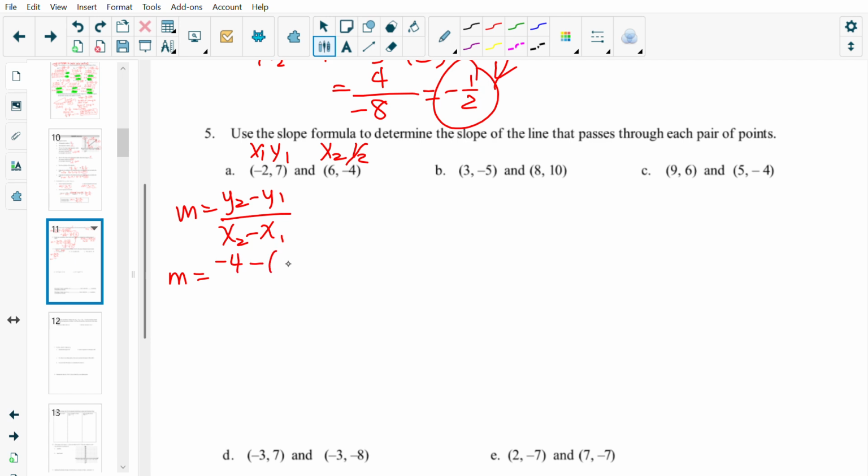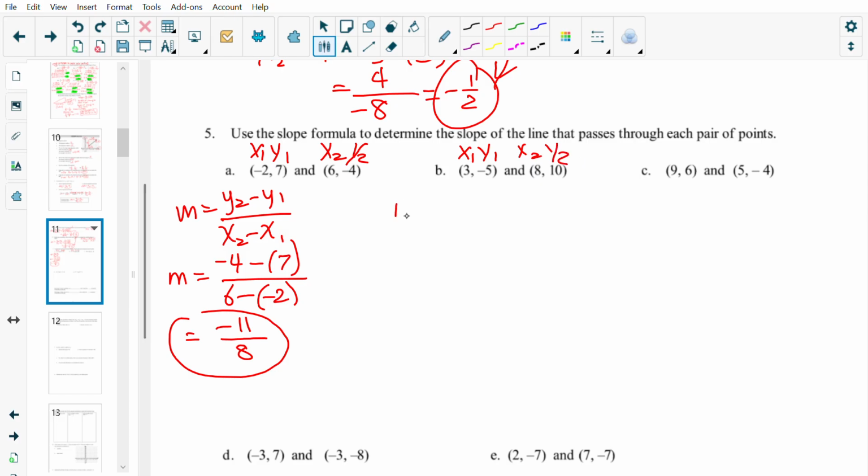That's negative 4 minus y1, which is 7, over x2, which is 6, minus x1, which is negative 2. That's negative 11 over 8, and that's it. Let's label x1, y1, x2, y2.